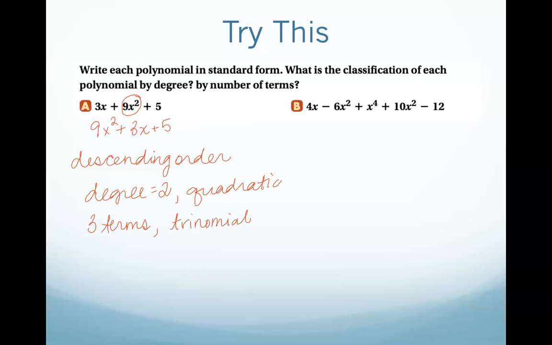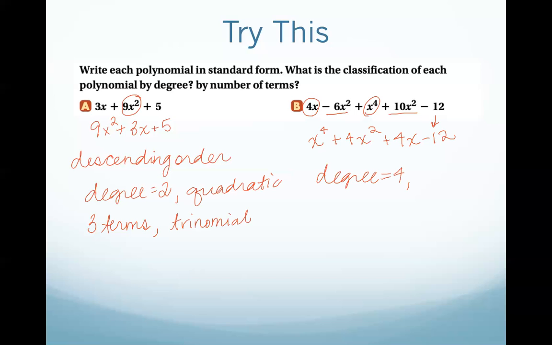Again, starting with the biggest exponent, that's x to the 4th. There's no x cubed, so then we do x squared, and there are 2 of them, so that's plus 4x squared. We went 4, 3, 2, 1. That's plus 4x. And finally, minus 12 with no x. So degree, that's the biggest exponent, is 4.